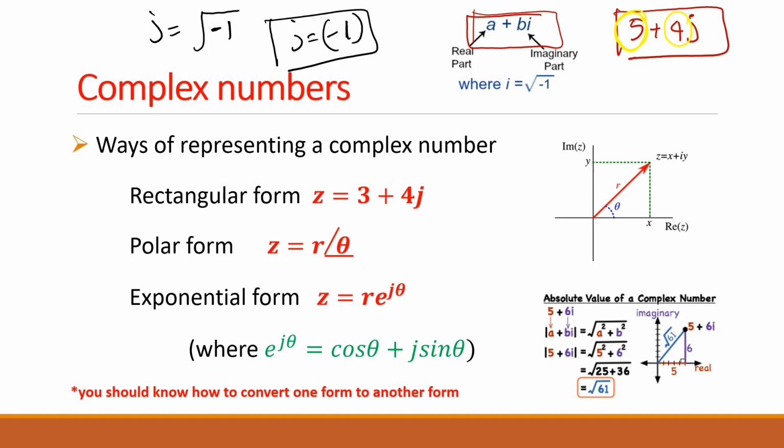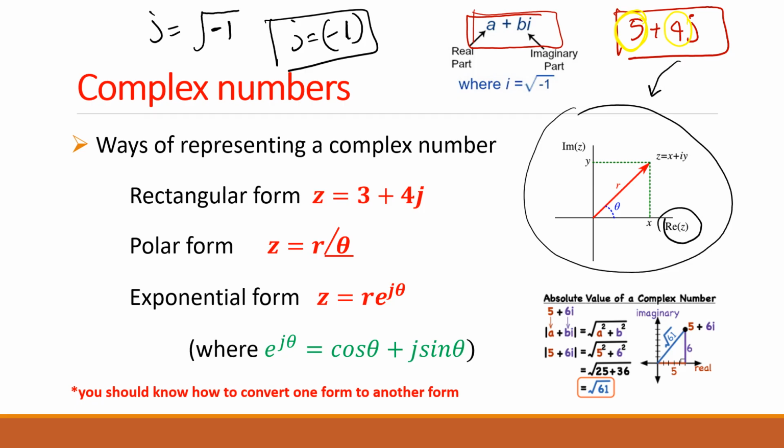So how do we plot it? In your XY axes, when you are plotting a complex number, your x-axis is the real axis and the y-axis is the imaginary axis. So along the real axis, you have to go 5 in this case, and along the imaginary axis, you have to go 4.